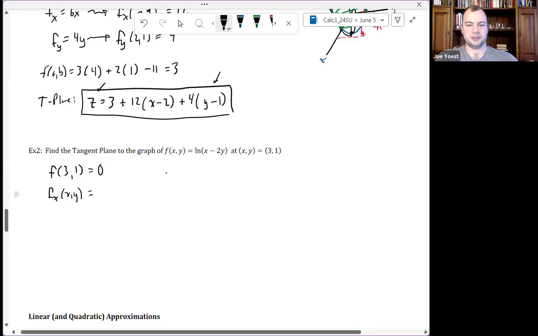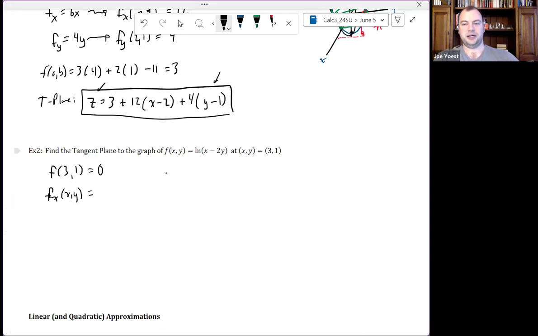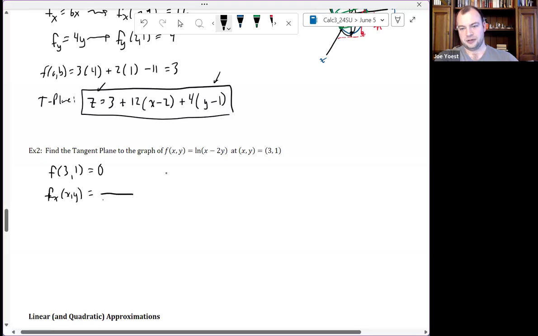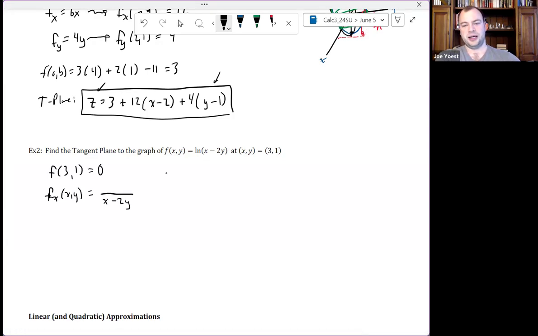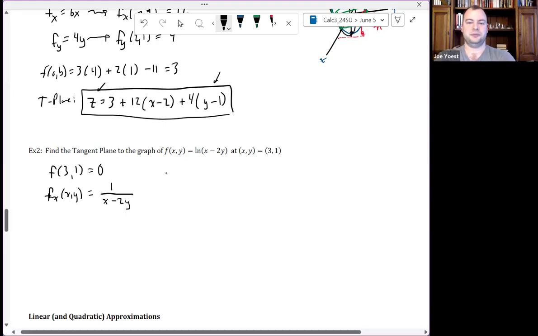What's fx(x,y)? Well, I'm taking the derivative with respect to x. I have log of stuff with x in it, so I get 1 over stuff, 1 over x - 2y, times the partial with respect to x of x - 2y, but that's just 1. The 2y is constant, differentiates off.